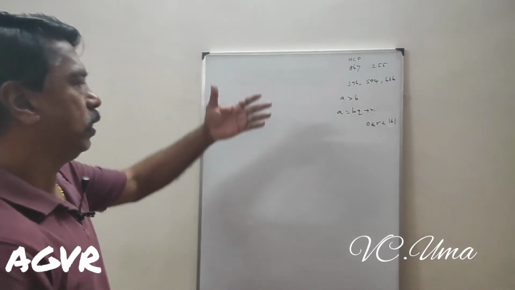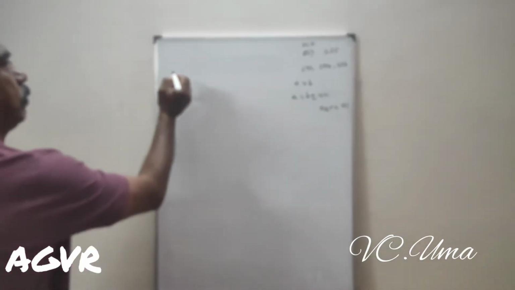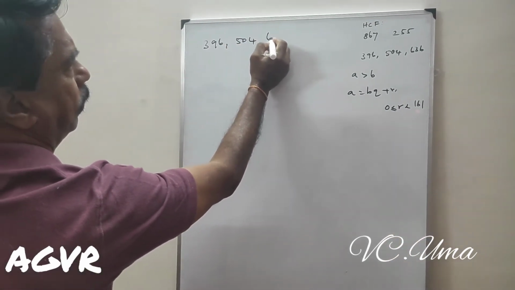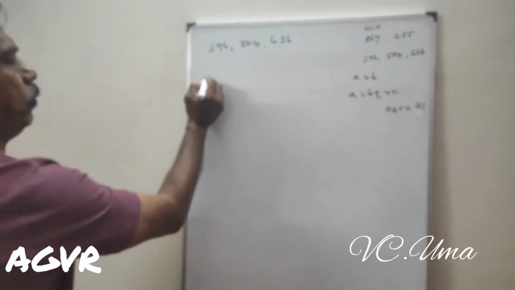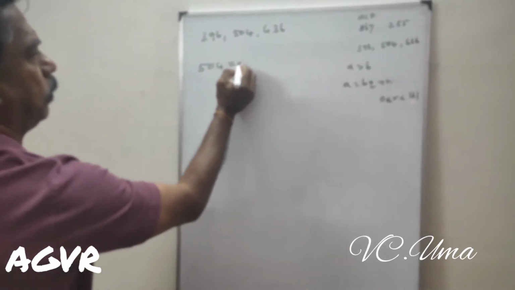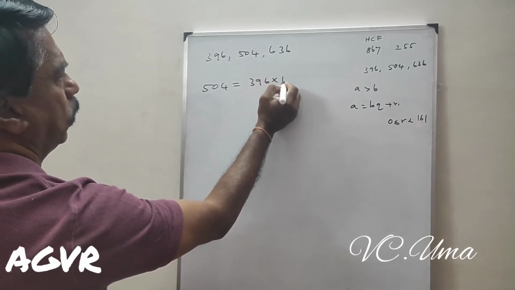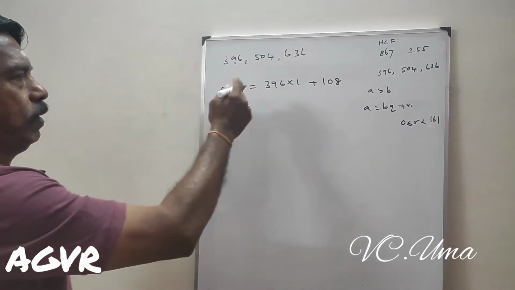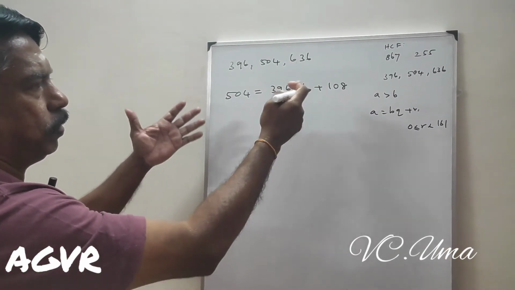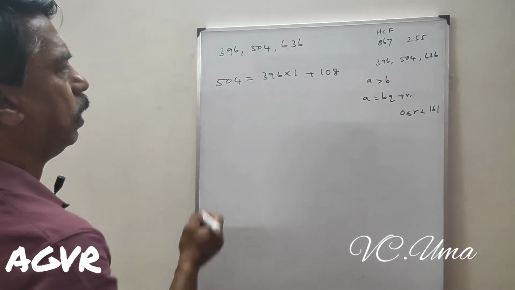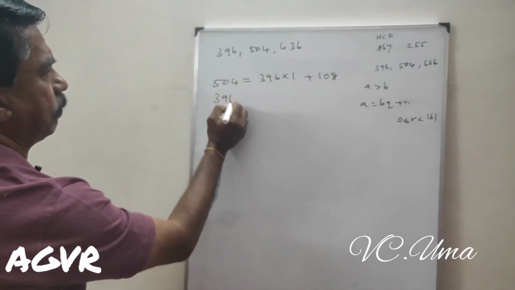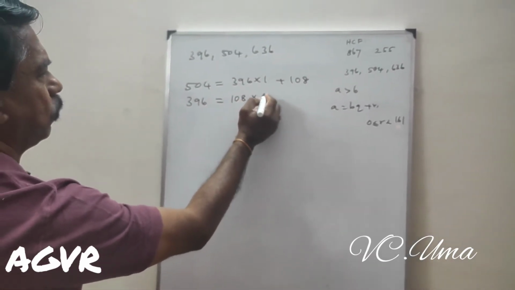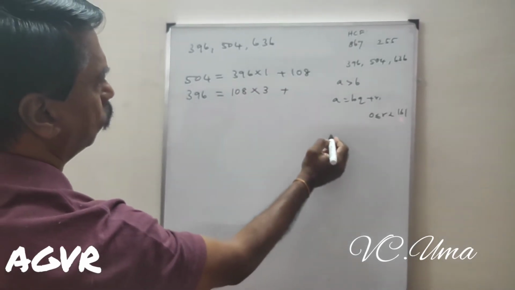Now we go to find the HCF of three numbers, namely 396, 504 and 636. We take 504, that can be written as 396 into 1 plus 108. This result we get by using the division lemma, that is, the Euclid lemma. Now you take 396, which can be written as 108 into 3, which is 324.